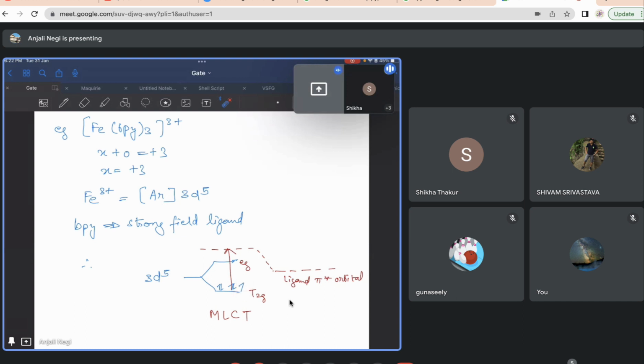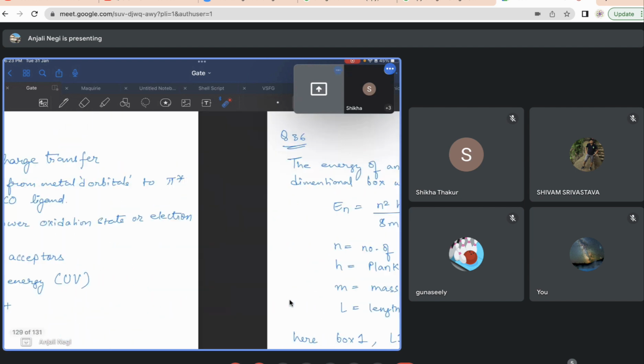And the ligand pi antibonding orbital will lie just above eg, and hence we can see the metal to ligand charge transfer in a manner like this. Here please note that d-d transitions are forbidden in this case, but I have read that they can also be observed in some cases. I am not sure about the examples, so let's skip that part for now.